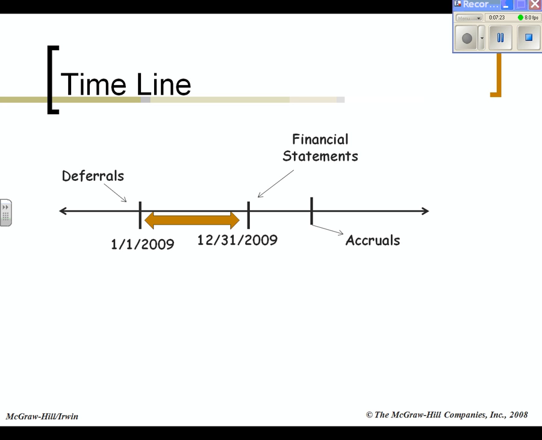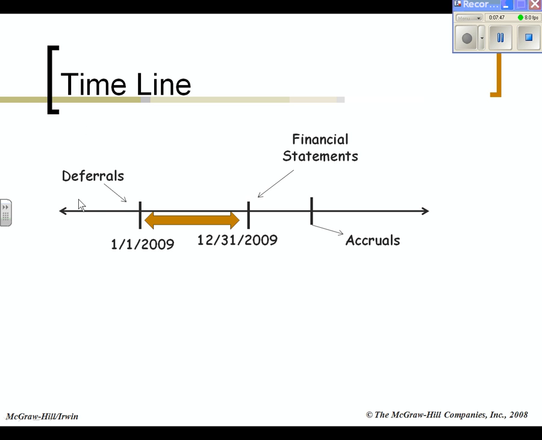Okay, so these financial statements, I'm going to look at the income statement and say, okay, do I have all the revenue recorded in here that I've earned? Do I have all the expenses in here that I've incurred? So what I'll look at is any type of deferral that was maybe recorded in the beginning part of the year.